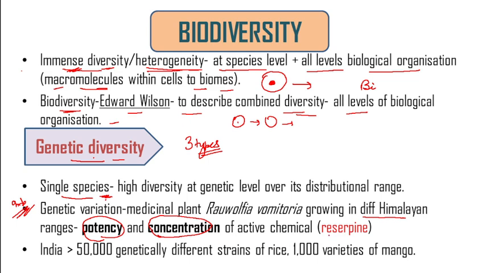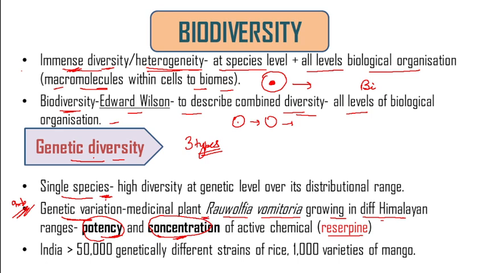There is a particular chemical called reserpine. It is found in this particular plant, Rauwolfia vomitoria. It grows in different Himalayan ranges, which differs in potency as well as concentration. So there are genetic variations found in this particular medicinal plant.